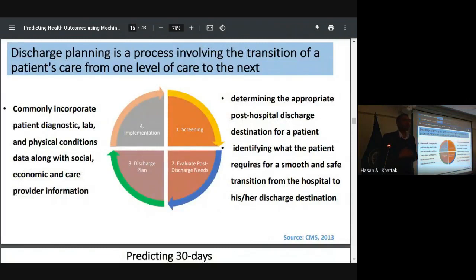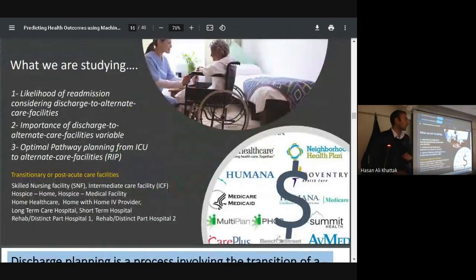Now, discharge planning is a very systematic process, and we divide it into four parts. If you see this pie chart and the arrow around it, the first part is screening. In the screening part, we determine the appropriate post-hospital discharge destination for a patient, like the couple of transitionary and post-care facilities I showed you, from skilled nursing facilities to intermediate care.